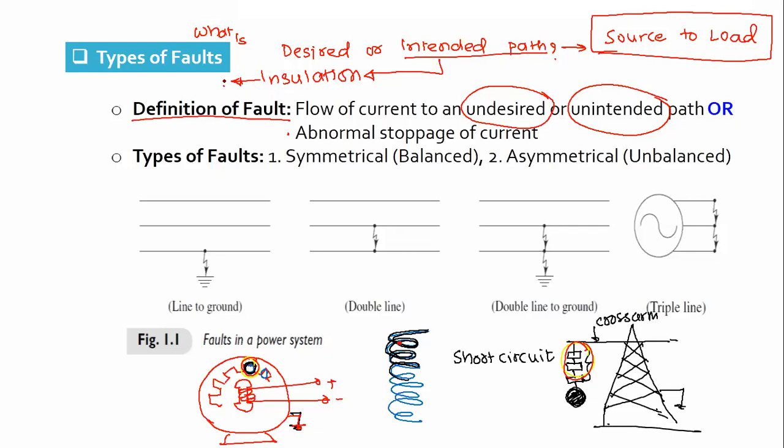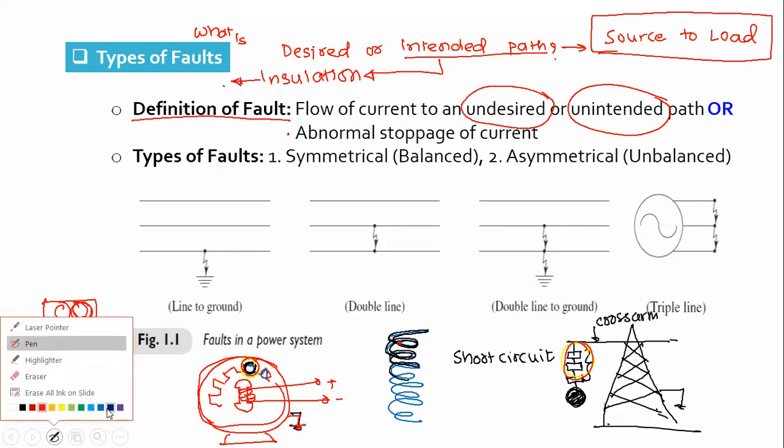As insulation fails, what will happen? The phase conductor, which is at some potential, will come in contact with the body, or maybe it comes in contact with the other phase conductor. Let's say we have a multi-layer winding where we have, let's say, 4 conductors per slot in a machine, and there is an insulation between these two phase conductors, and it may happen that these two conductors may even be of different phases.